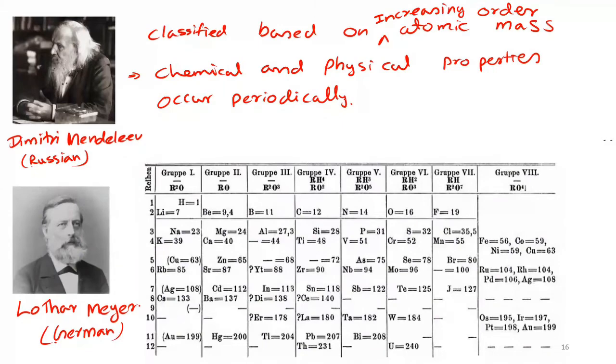What that means is that when you put them in the increasing order, the elements that show similar chemical and physical properties, he found them in one group. Things that show similar properties were in certain groups. That's what they observed. Somehow, this is not the current periodic table we use.